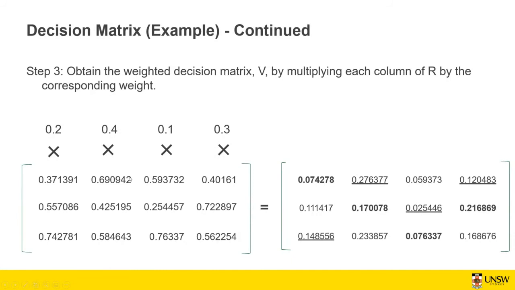For the next column, you multiply 0.69 by 0.4, put it here. You multiply 0.42 by 0.4, and you put it here, and you do the rest for the rest of your values. And this is your weighted decision matrix, or V, in which each value is multiplied by the weight factor for each criteria.